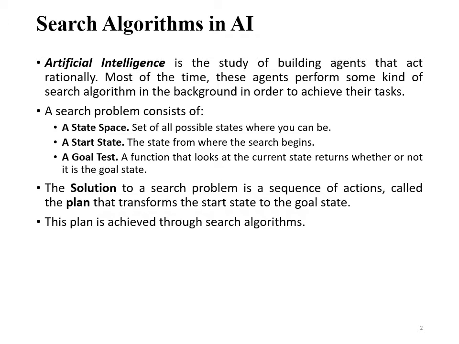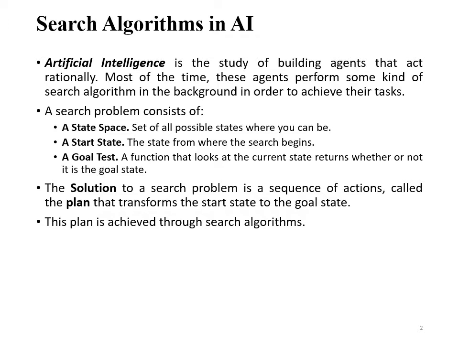So a searching problem consists of a state space. As we have already discussed, state space is the set of all possible states where you can be. This is the set of all permutations from the start state to the goal state. The start state is where the search begins. A goal test is a function that looks at the current state and returns whether or not it is the goal state.